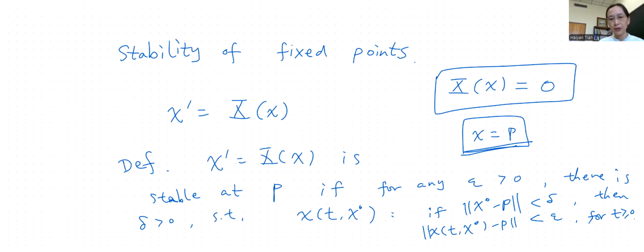So in this definition, we define an equilibrium point as a stable equilibrium if for any given positive number epsilon, there exists a positive number delta such that the solution. So I want to remember what that means. That is actually one of the solutions to the system.